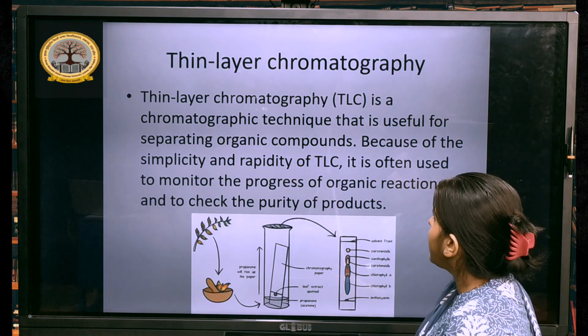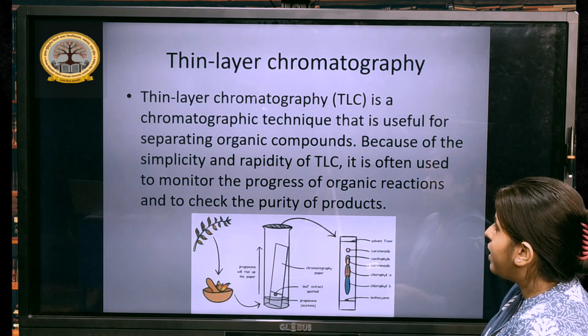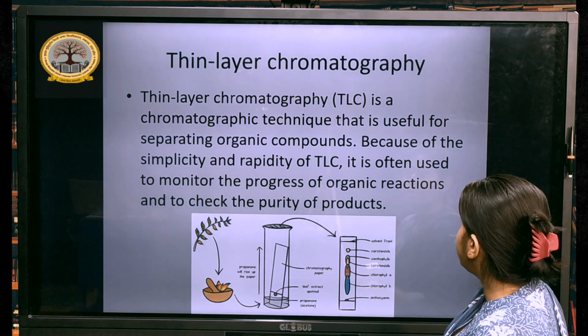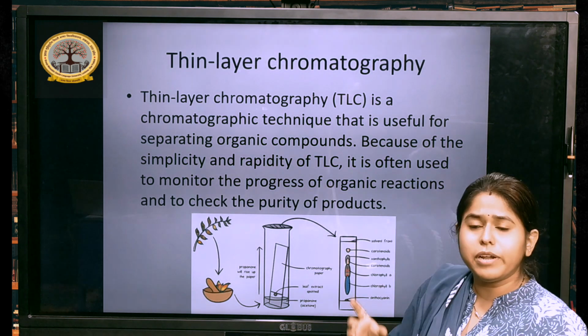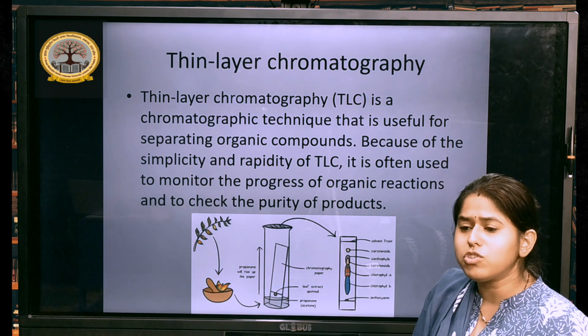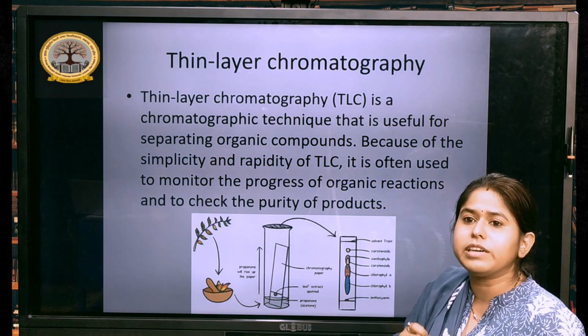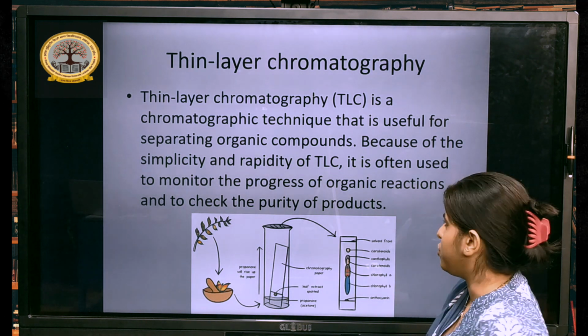Okay. Thin layer chromatography is a technique by which we are able to separate different organic compounds under the effect of either gravity or capillary action.